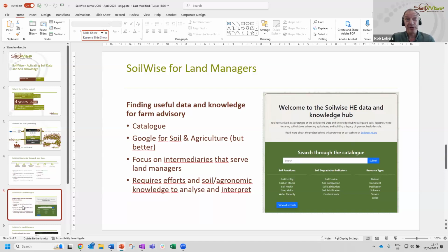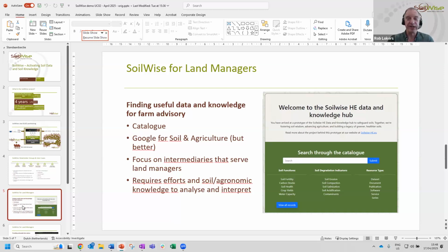The main focus for this specific application, if we look at land managers, is on intermediaries. There will be a lot of data and knowledge, but if you search through the catalog, you will find a lot of things that might be relevant, and it still takes a lot of time and effort to go through those results and find out what's useful for you.